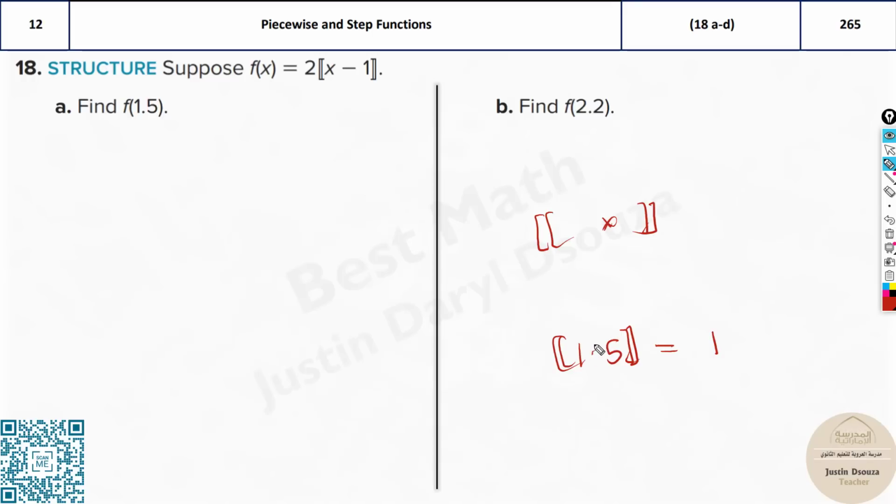Now if you see the number line, say let's take minus 2, minus 1, 0, 1, 2. If you have anywhere over here 1.5, it should correspond to the previous integer value, that's 1.